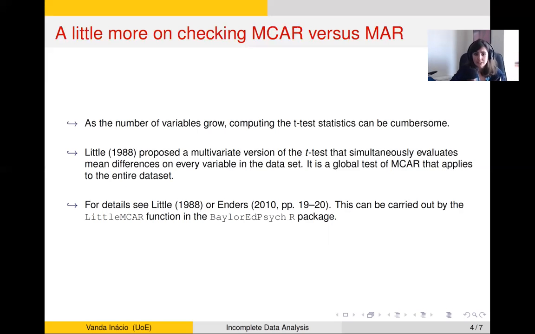As I've said, it is generally agreed that the main goal of doing the battery of t-tests is to try to identify variables that might be correlated with the variable that has missing data, so we can later adjust for them in our missing data model. With Little's global test, because it's a global test, we lose this ability.